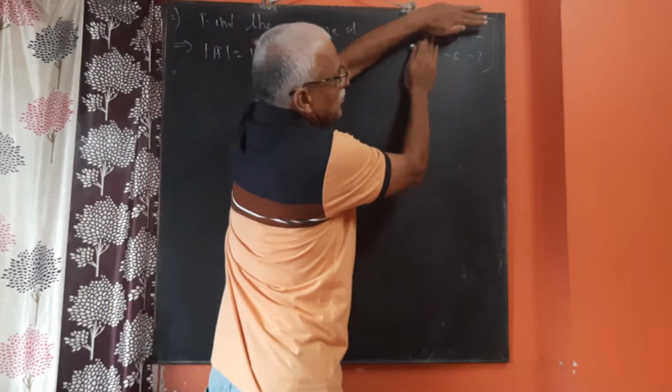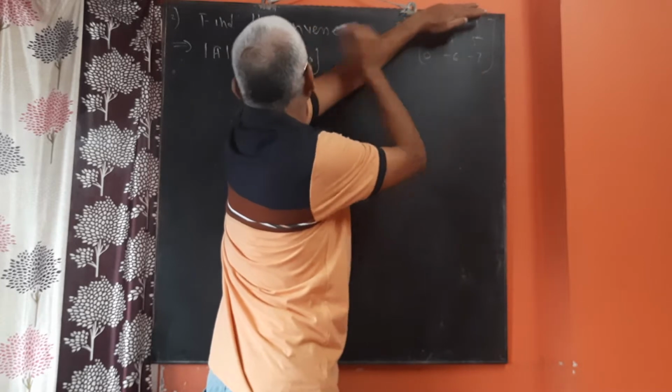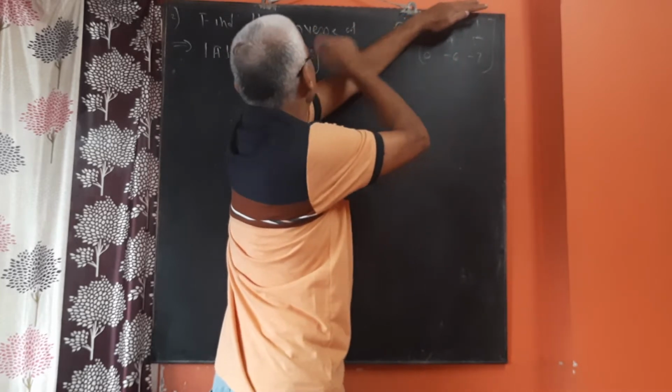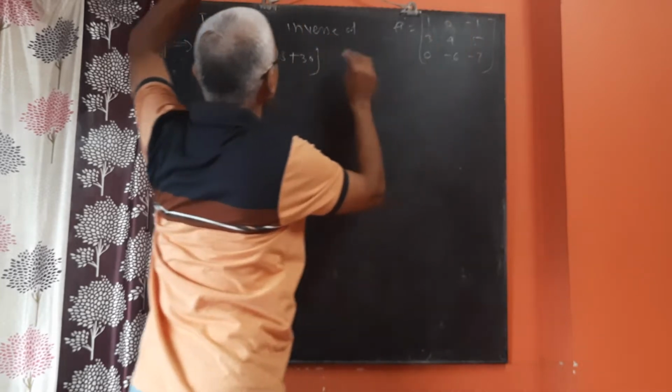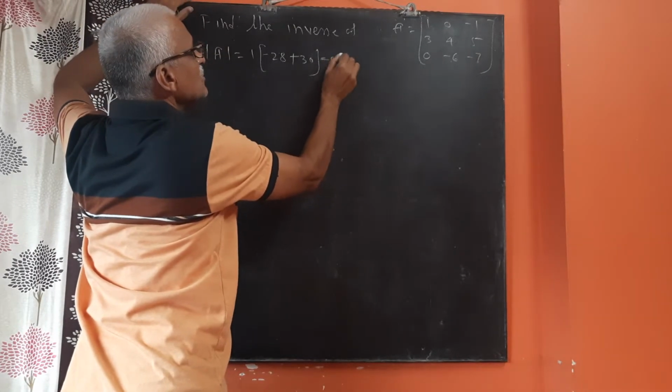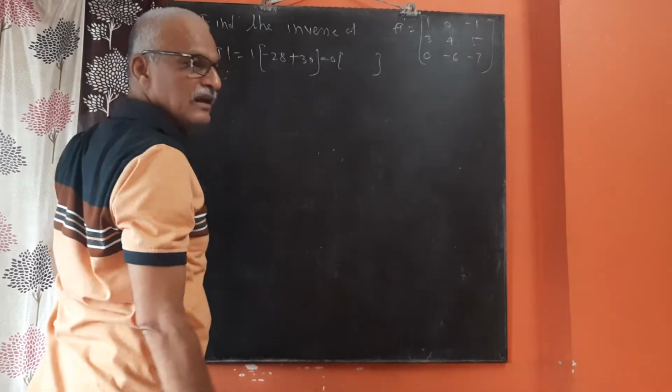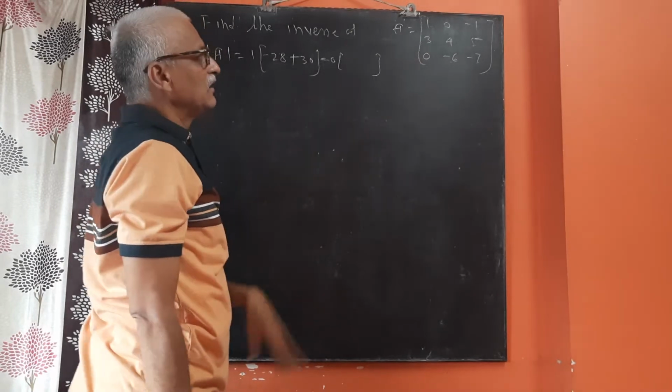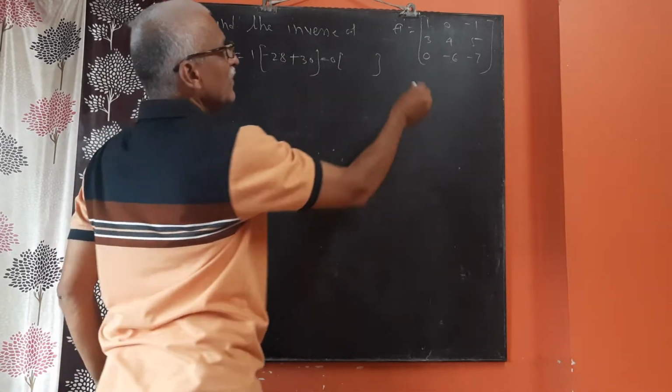The second element is 0, so minus 0 into anything will be 0. No need to write down those elements in the bracket.